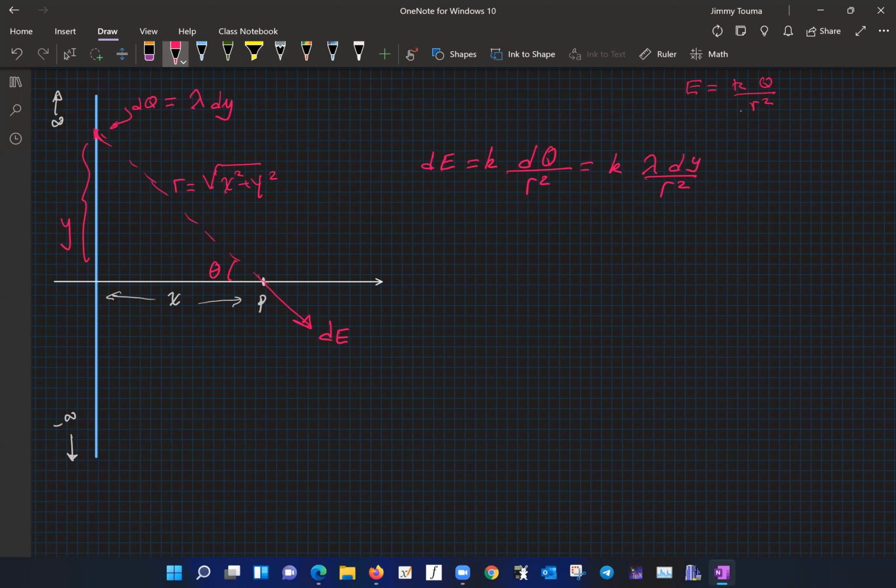infinitesimal element charge. And our job now, if we want to get the total field, obviously we have to integrate along the whole line right here. But you have to remember that E is a vector, right? This is the magnitude of the electric field. E is a vector, which means it has an X and a Y component.